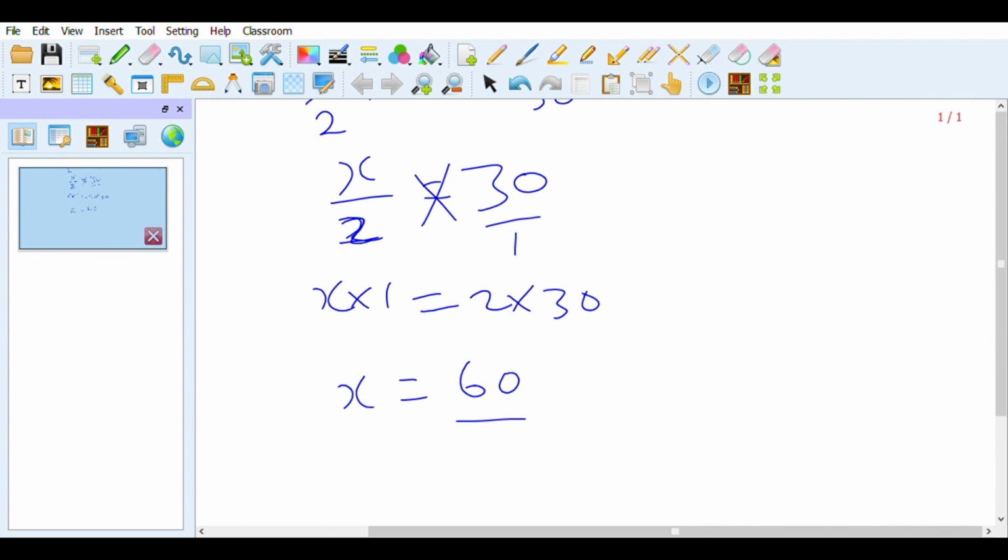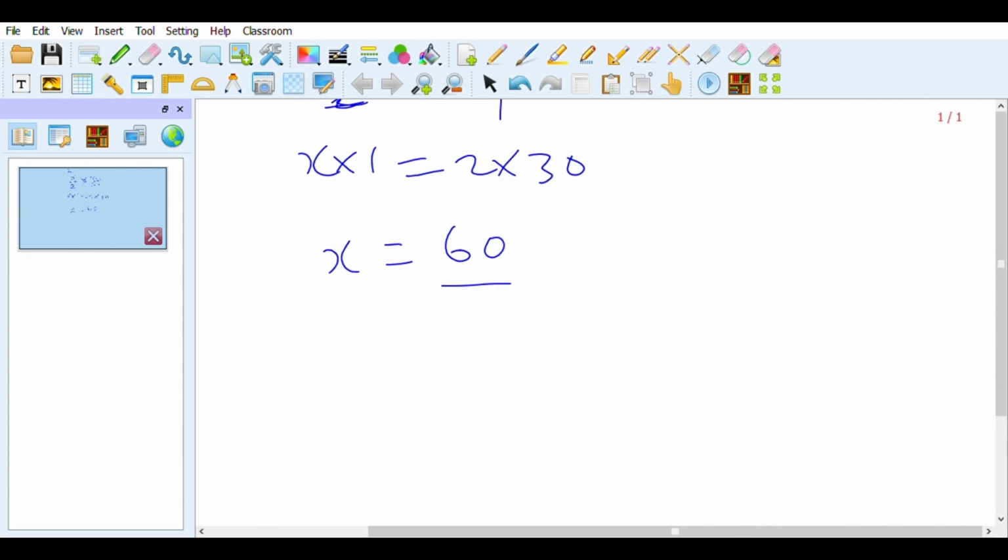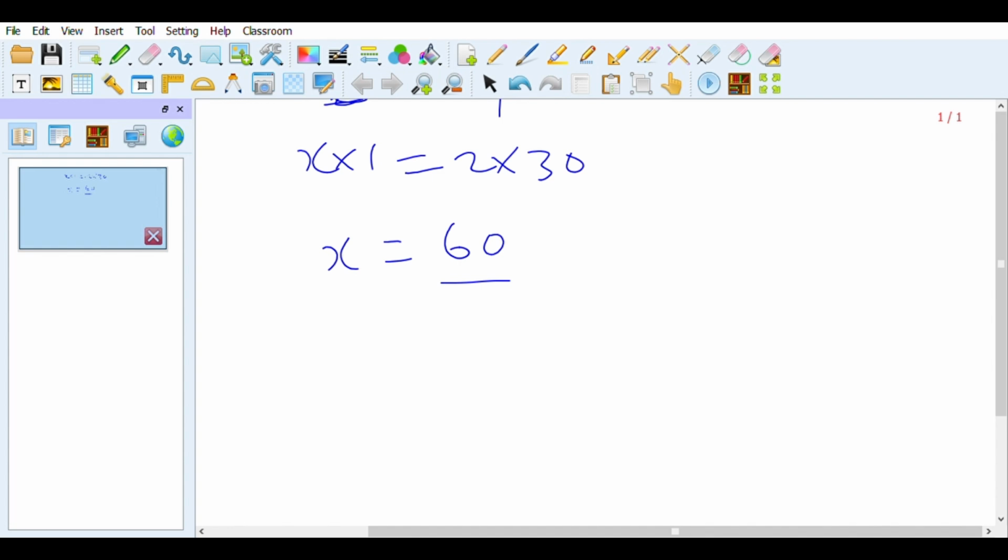I said half of a number, it means half of 60 is equal to 30, and you can see that half of 60 is 30. That's very correct. So half of a number is equal to 30. What's that number? 60. Now they said, what is 3/4 of that number? What is 3/4 of this 60 now? Because 60 is that number that was hidden initially.